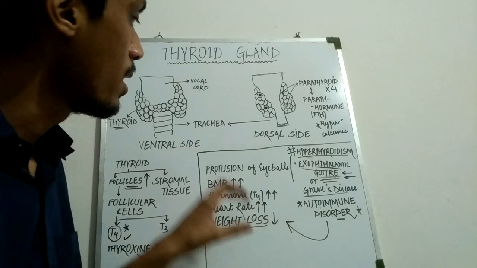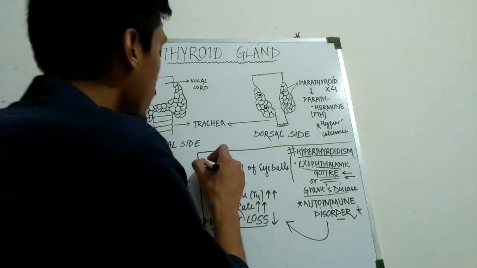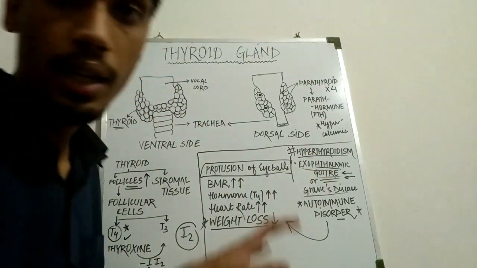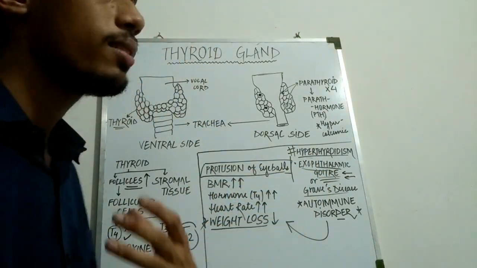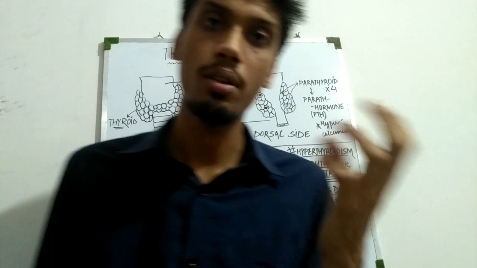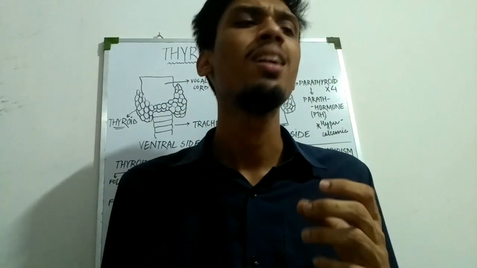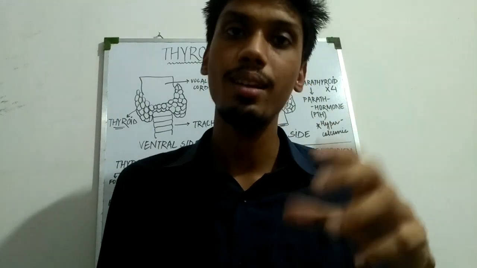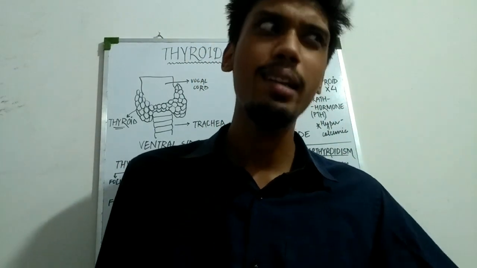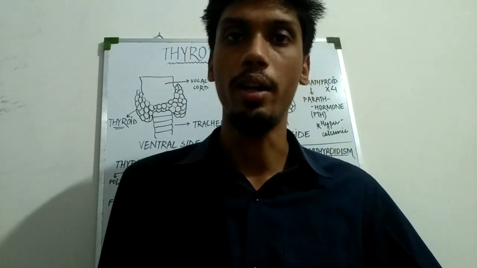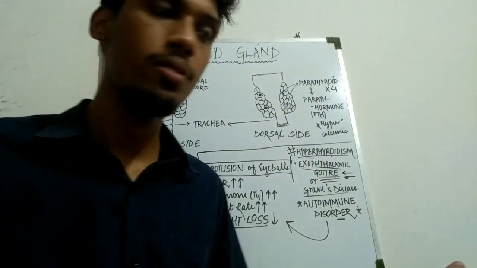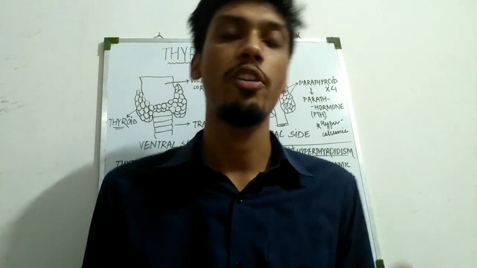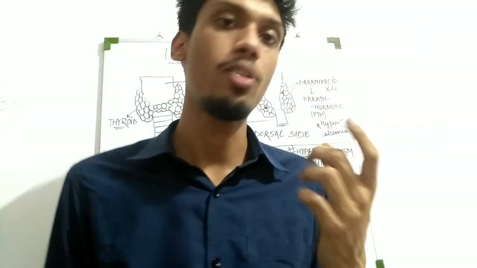So these are the consequences, and this is the physical evidence of exophthalmic goiter. If you see a person with protruding eyeballs, exophthalmic goiter can be a reason. Obviously you'll run checks to confirm, but this gives you a basic idea that the person is suffering from hyperthyroidism, exophthalmic goiter.